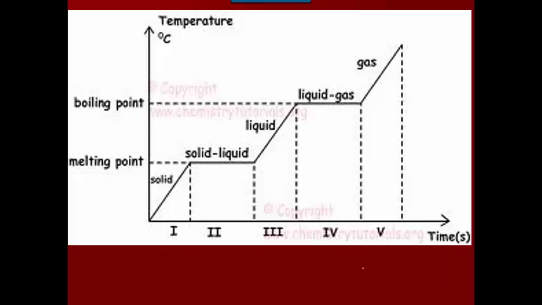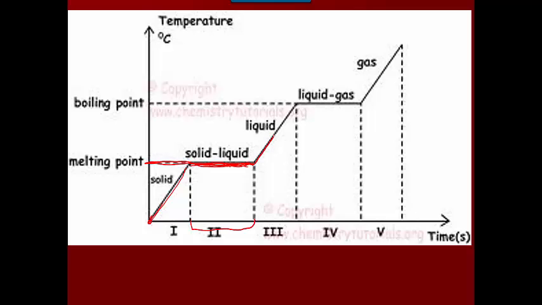So here are the different stages of phase changes. You start at your coldest temperature with a solid. As your temperature, maybe in your room, increases, the solid will eventually start to hit its melting point. And during this time, notice this is a flat line. This means that the temperature is staying at one temperature that whole entire time period while it's a solid liquid mix.